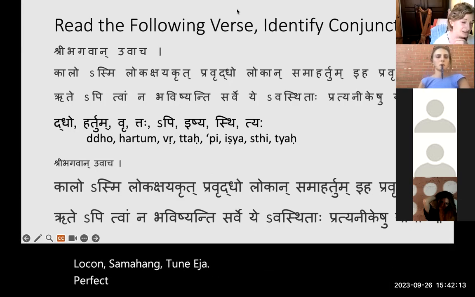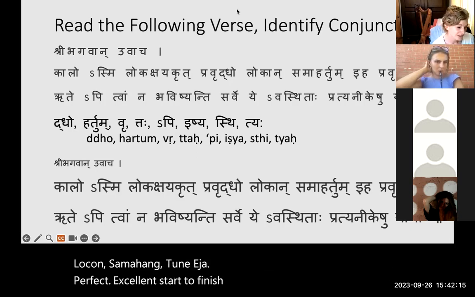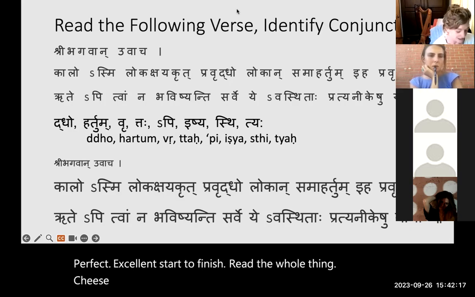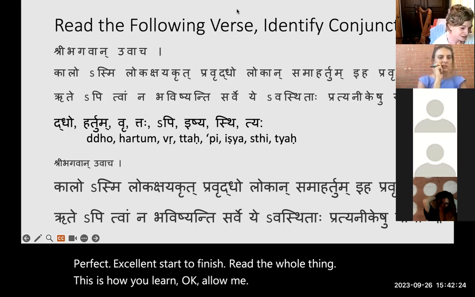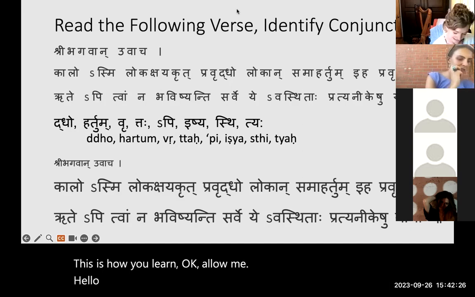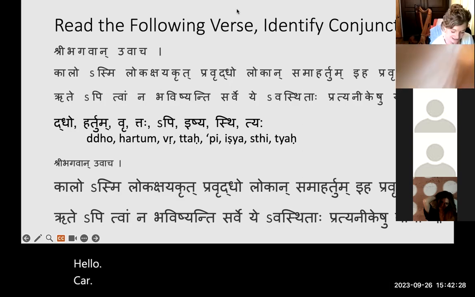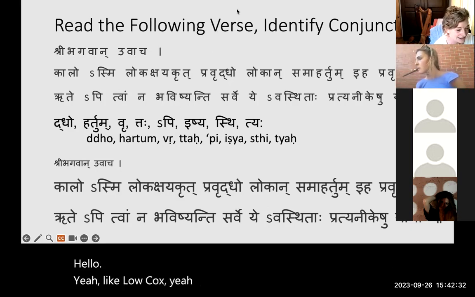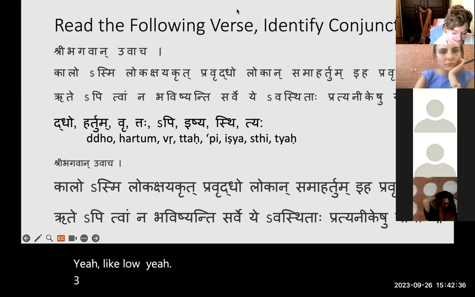Perfect. Excellent. Start to finish, read the whole thing. Yeah, this is how you learn. Okay. Kalosmi. Loka. Wait, loka ksha. Shaya krit, you got it.